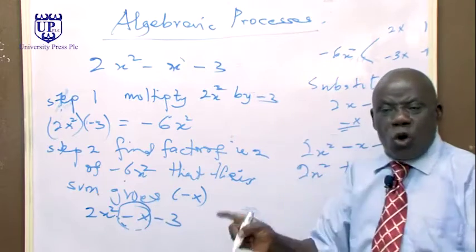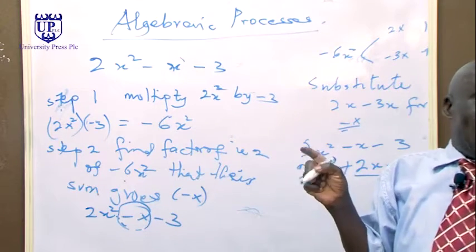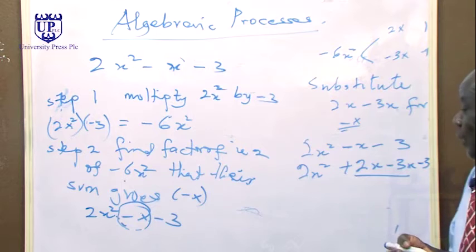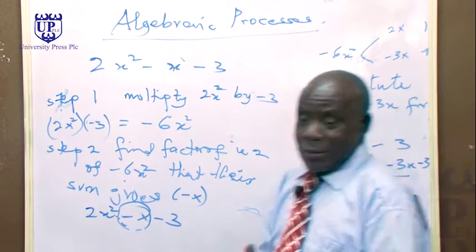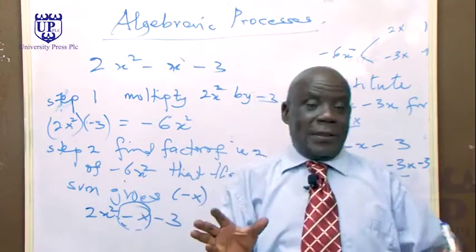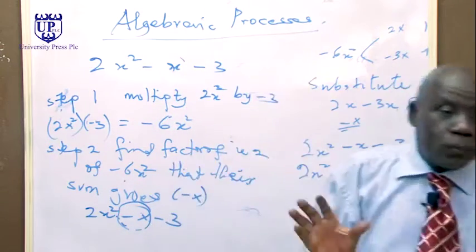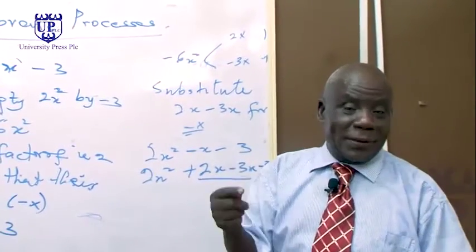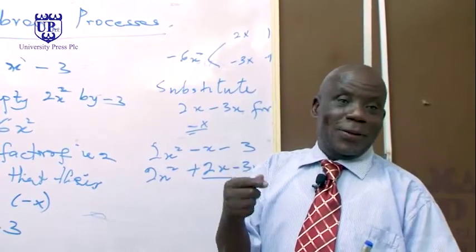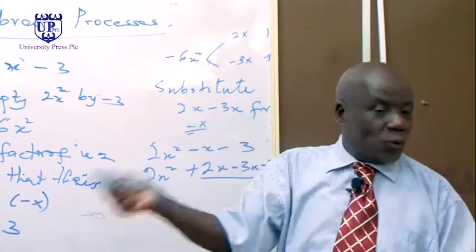So you are not destroying anything. The only thing we are trying to do, because I will refer you to More Mathematics for GSS 3, though it is not here, for GSS 3, chapter 2, we have factorization of quadratic equation. It's been introduced to students.